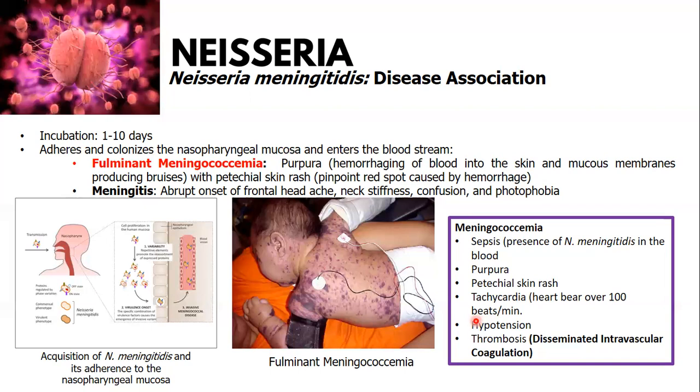Another type of disease that can be caused when Neisseria meningitidis enters the blood and subsequently breaches the blood-brain barrier is meningitis, characterized by an abrupt onset of frontal headache, neck stiffness, confusion, and photophobia.